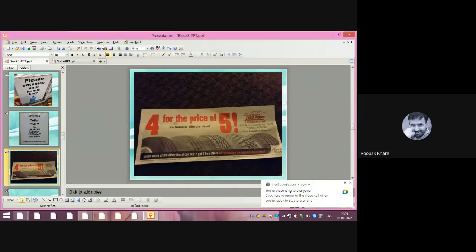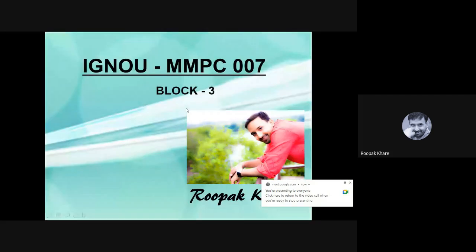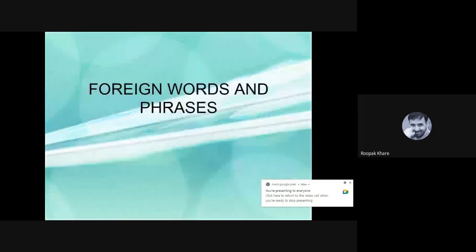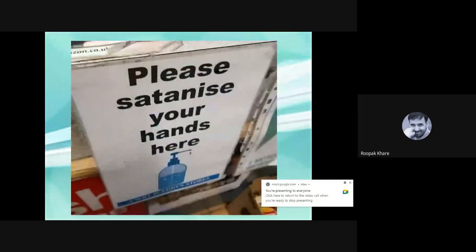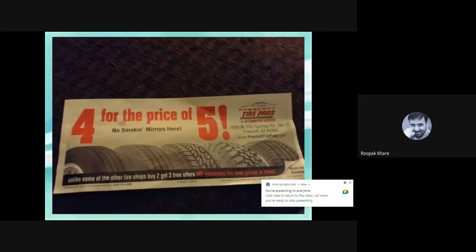So what is ridiculous over here is, when you see such offers, you realize that for paying a lesser amount, you usually get more. But here they've written you pay for 5 and we'll give you 4. They did not check it before printing it.